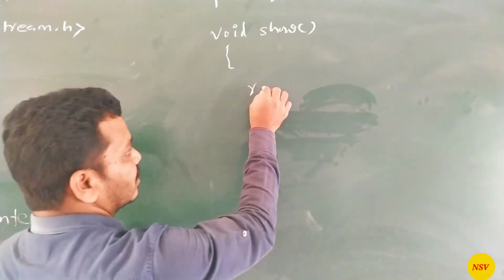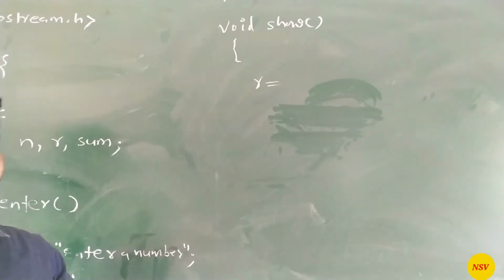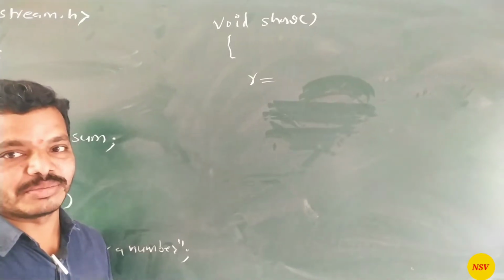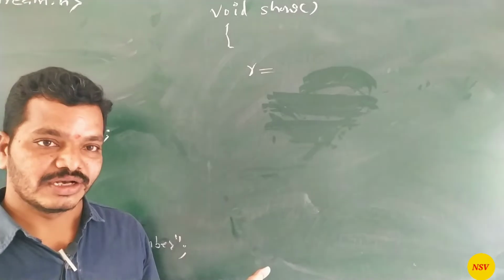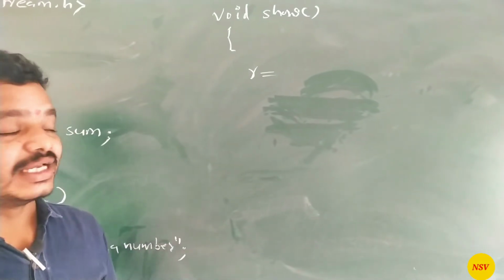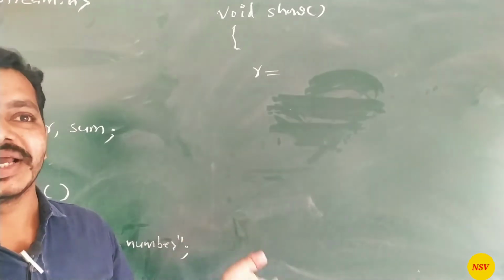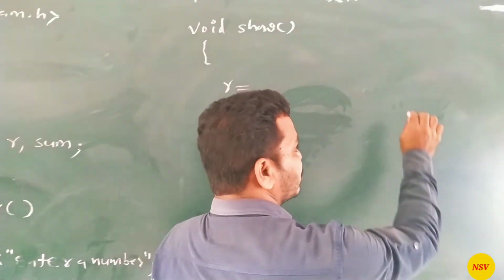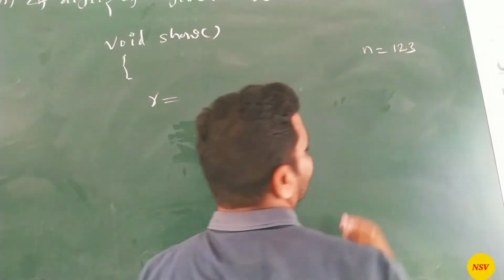In arithmetic operators we have 2 operators, the division operator and the modulo operator. The modulo operator always returns the remainder value. The division operator always returns the quotient value. Here we need the remainder value of a given number, so that's why we apply the modulo operator. Suppose n value is 123.